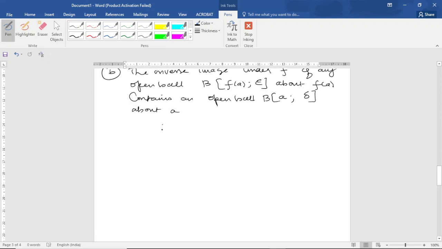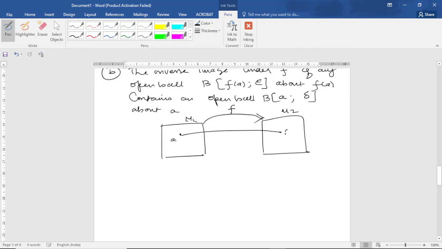That is, if I take two metric spaces M1 and M2, I say that this function f from M1 to M2 is continuous at the point a. If a is here, definitely f of a will be mapped somewhere here. And what it says is, any open ball whose center is f of a and radius is what?